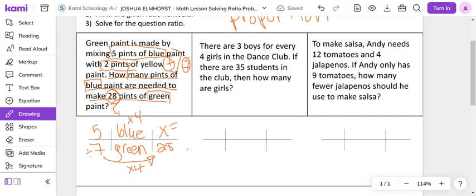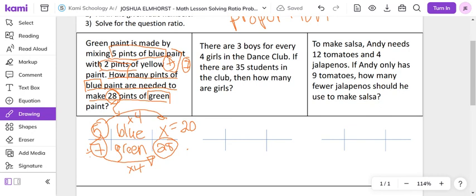And so 5 times 4 is going to be the solve. So you would need 20 pints of blue to go with 8 pints of yellow to make 28 pints of green.